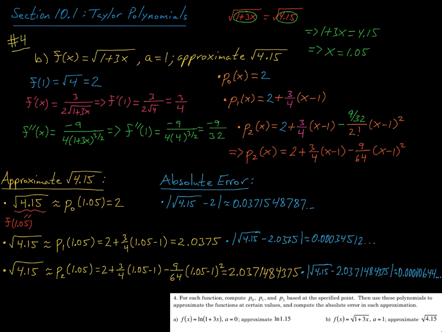For the P1 approximation, we're doing a little better, 0.00034 and so on. And then for the P2 approximation, we're doing a heck of a lot better. It's 0.00000644 and so on. Okay, so again, P2 is doing the best job out of these three.